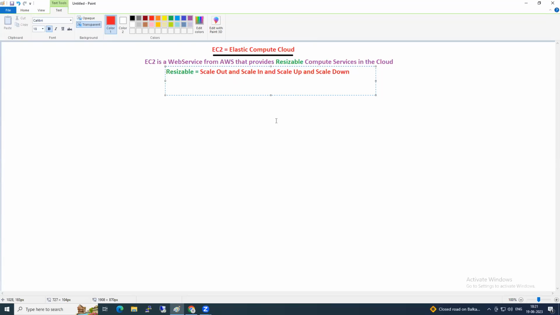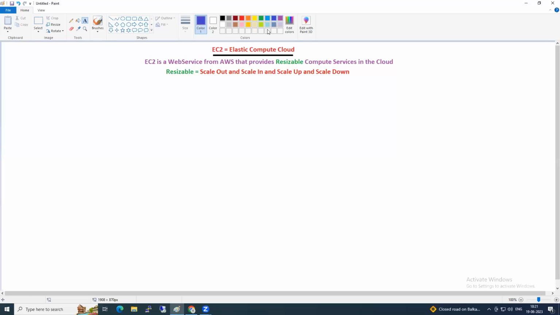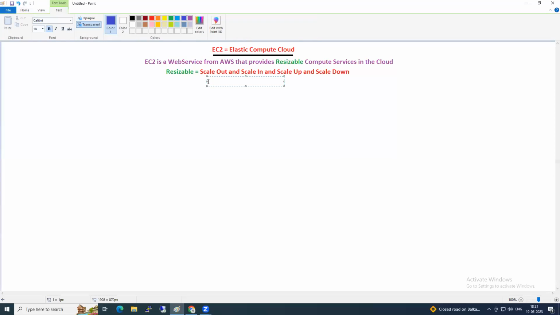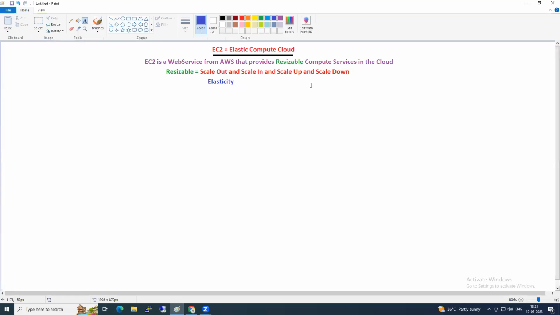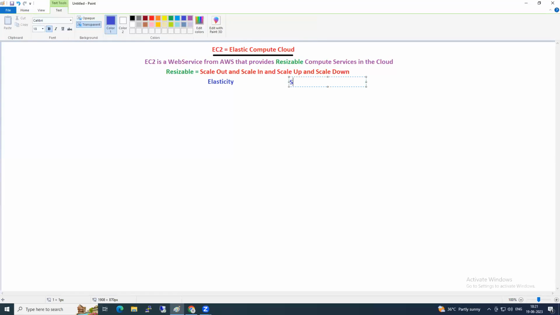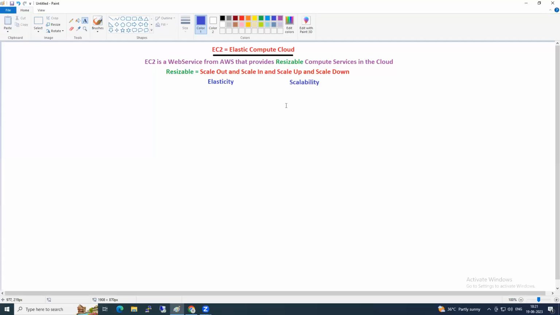What is scale out and scale in called? Auto scaling or elasticity. And what is scale up and scale down? Excellent, scalability. So can you easily achieve scalability and elasticity in AWS in EC2? Super.